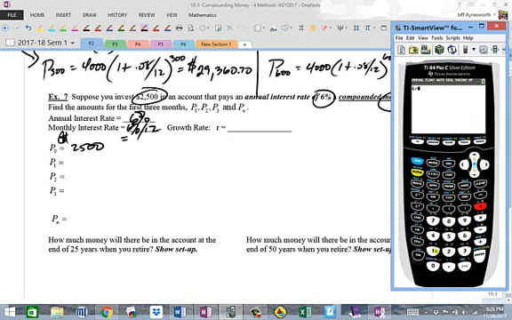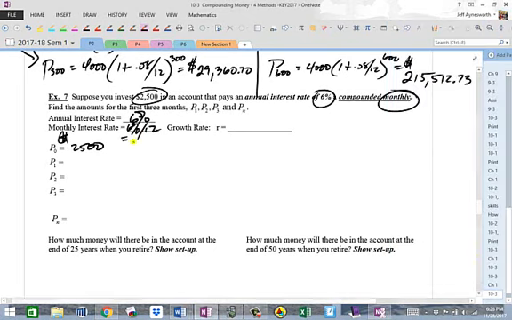So 1/2 is equal to 0.5. So this is 0.5%. So I've got to take 100% plus 0.5%, which is 100.5%, which is 1.005. Here's my growth rate.